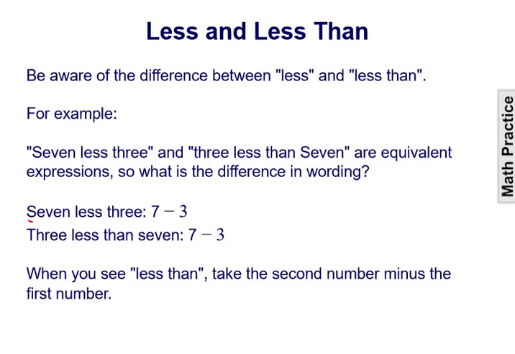So that we took 7 and then the minus sign and then 3. But then we have 3 less than 7. So that we didn't take the 3 first. The 3 actually came after the 7. And then we use the subtraction and we put the 7 first. When you see less than, you take the second number minus the first number.